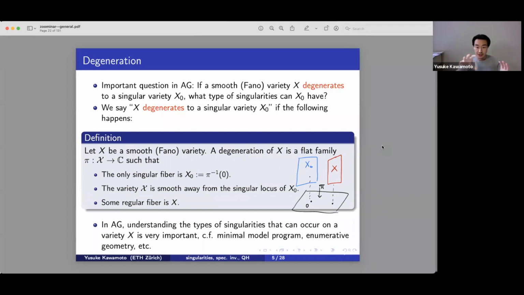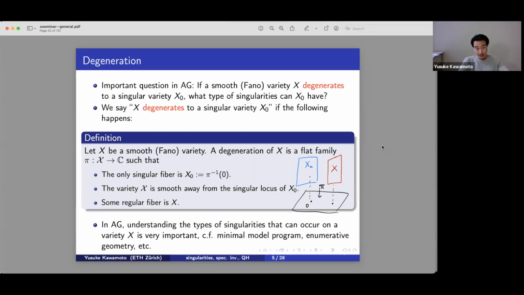If you have such a family, you say that this smooth variety X degenerates to a singular variety X0.